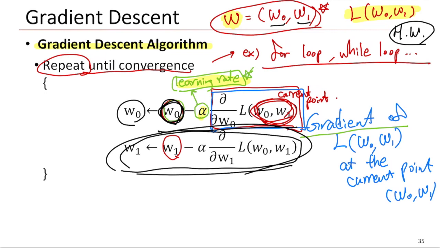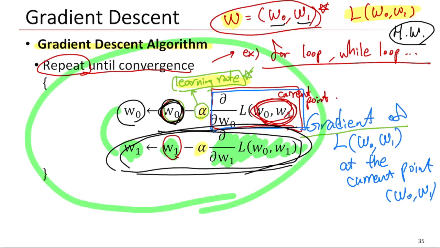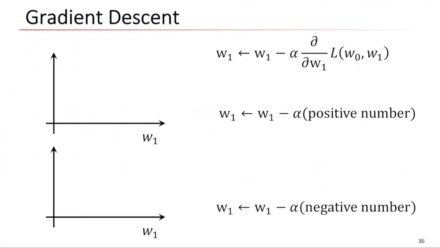From the initial W1, we compute the gradient of the loss function and scale it with the learning rate, and we can find the next W1 like this. So by iterating this whole procedure, we can finally get the optimal W. It's not optimal, it's suboptimal W values of this loss function. Okay, so these are the general rules of the gradient descent algorithm.